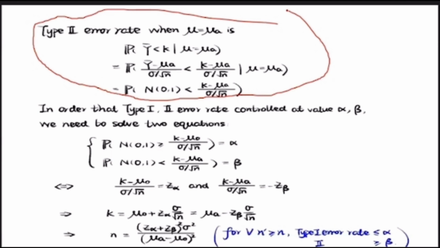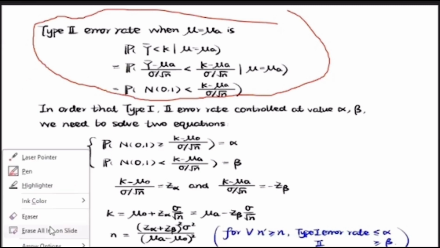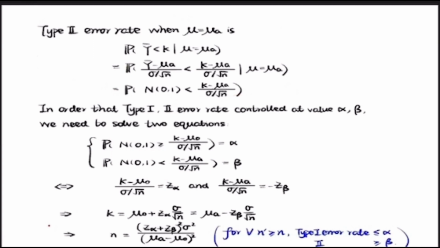Now, take a look at this, which means one equation to determine alpha, another equation to determine beta. In order that the type 1 and type 2 error rates are controlled at the values alpha and beta, we should be ready to solve two equations. Does that make sense? Because we want to control both alpha and beta, we are going to set values for alpha and for beta.